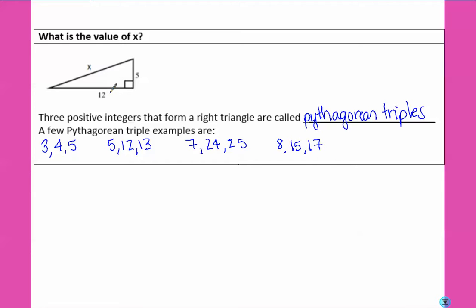So because we have the sides of 12 and 5, that means the hypotenuse must be 13, so x would equal 13, and it's a lot less work for us. So checking at the beginning to see if something is a Pythagorean triple can help shorten the work we need to do for the problem. If you don't remember the triples, it's okay because you can still use the Pythagorean theorem to find the answer.